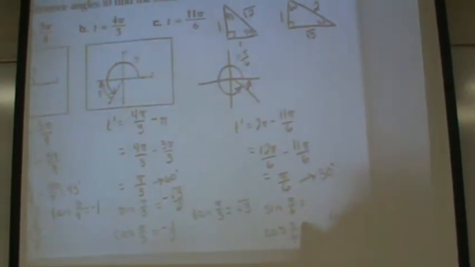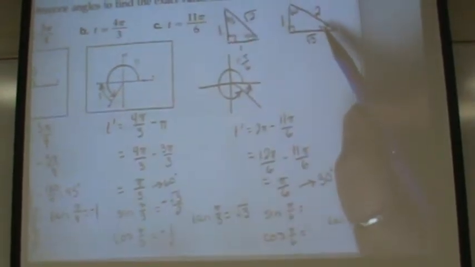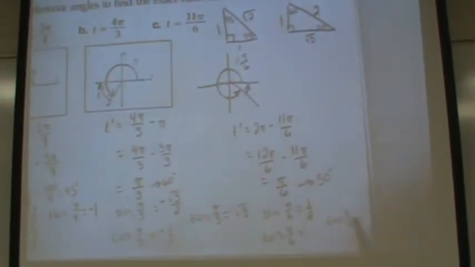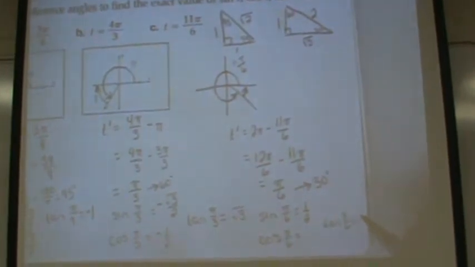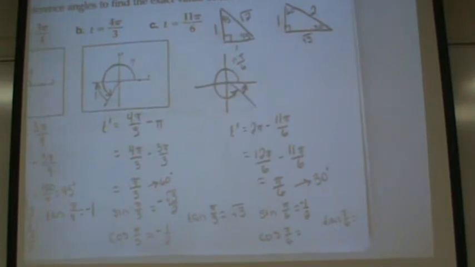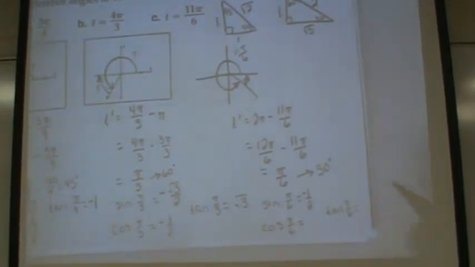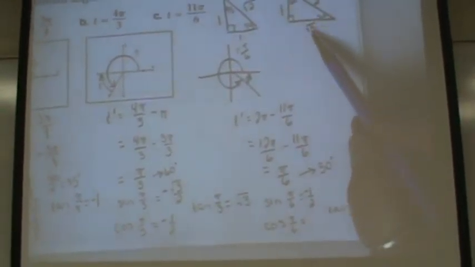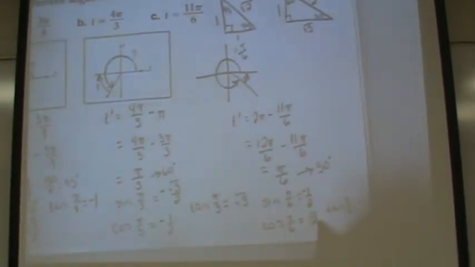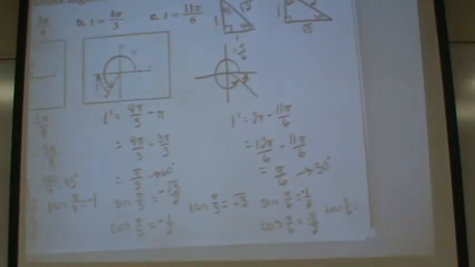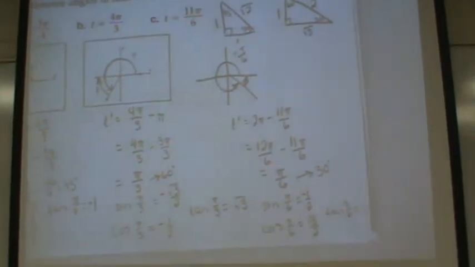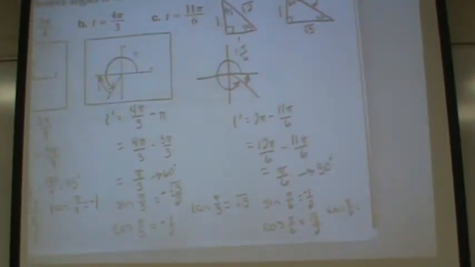So sine of pi over 6, looking at our picture, sine is opposite over hypotenuse, which would be 1/2. And in the fourth quadrant, sine is negative, so it's a negative 1/2. Cosine of a 30 is root 3 over 2. And in the fourth quadrant, cosine is positive, so it is just root 3 over 2.